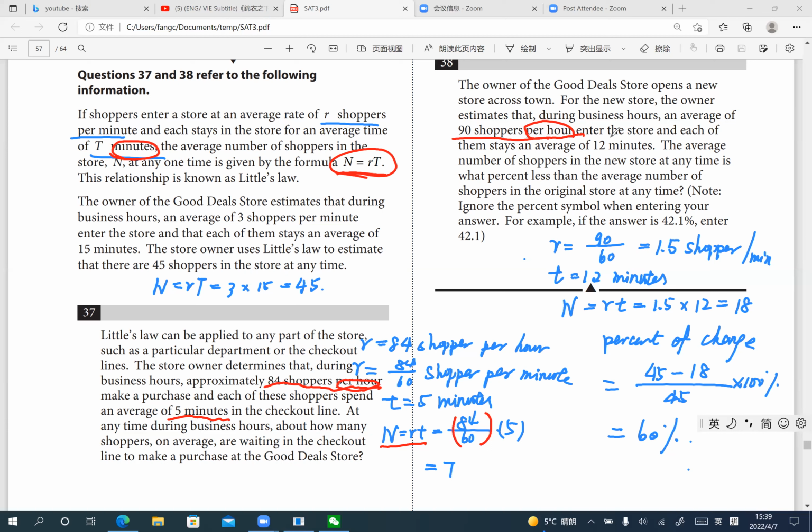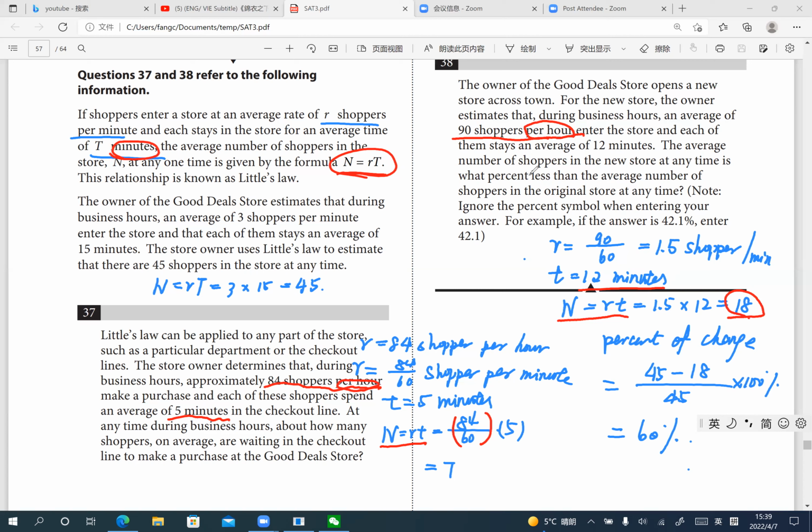Continue. Each of them stays an average of 12 minutes. So T in question 38 is 12 minutes. According to the formula N equals RT, we have 1.5 times 12, which is 18. Continue.